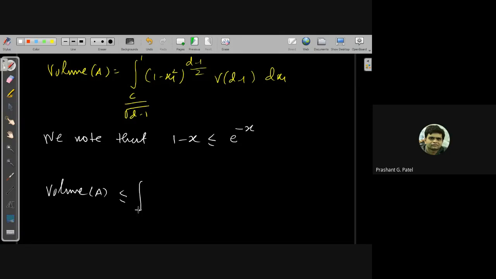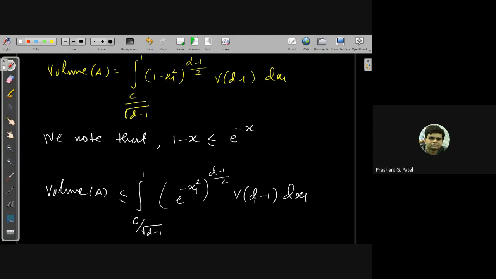So that is c by square root of d minus 1 to 1. Instead of x we have x1 square, so it is e power minus x1 square, and the whole power d minus 1 by 2, V of d minus 1 dx1. This is what we got using this.